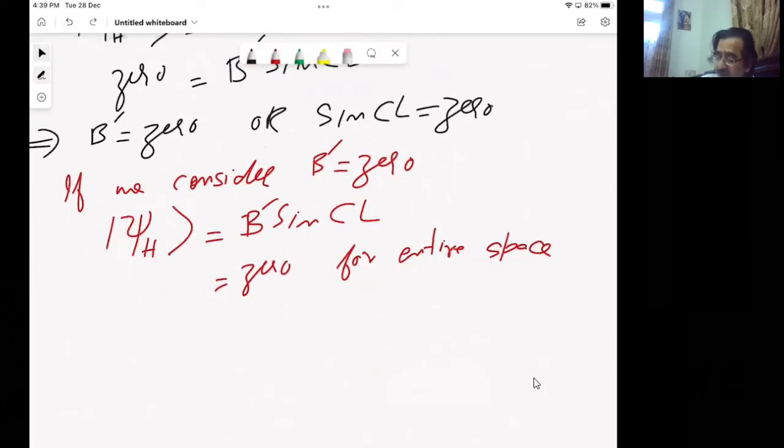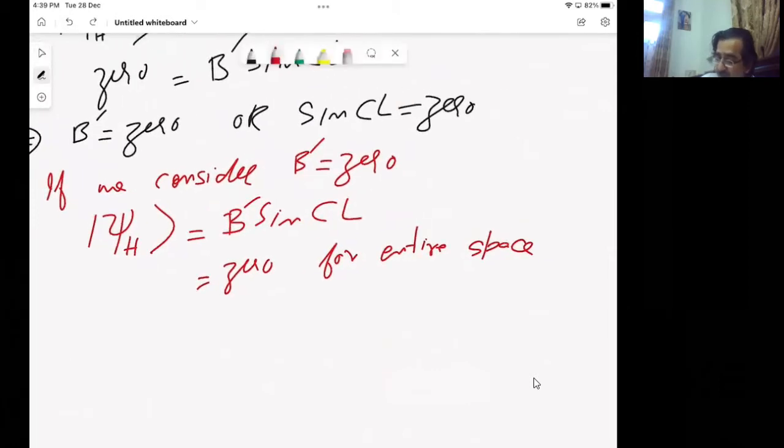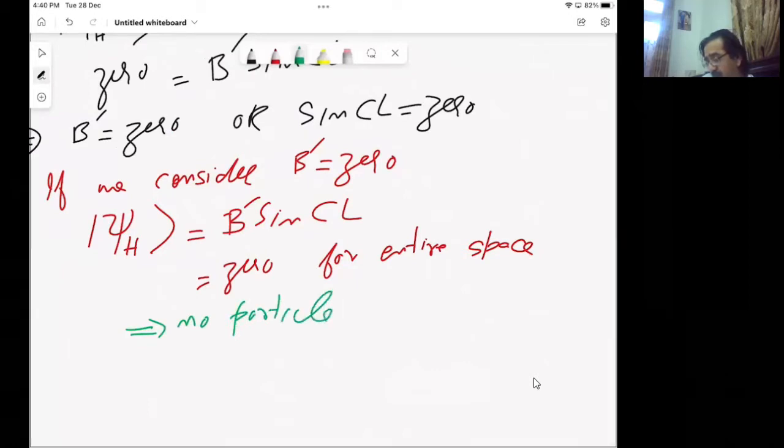If it is 0, it implies there is no particle in the well. But then we are doing nothing, no problem, because if the particle doesn't exist, then what are we doing? So we will not consider this case.